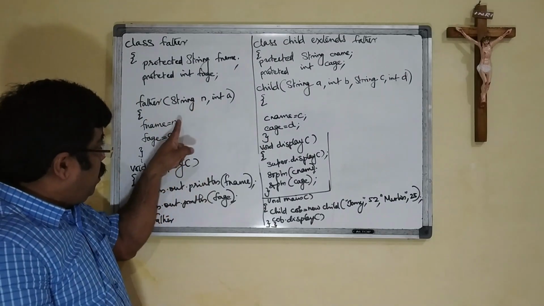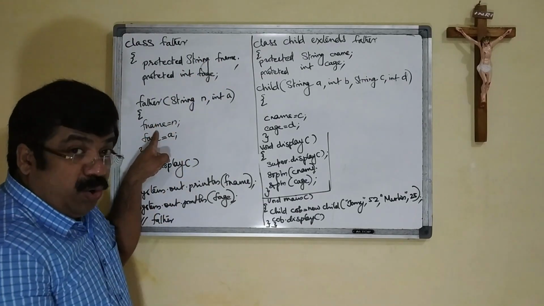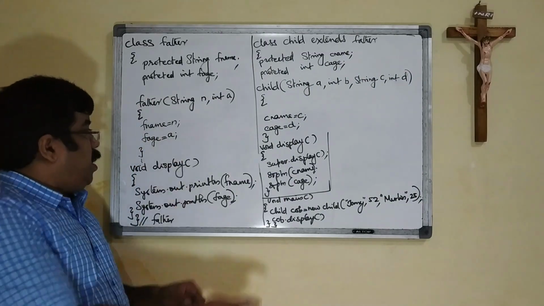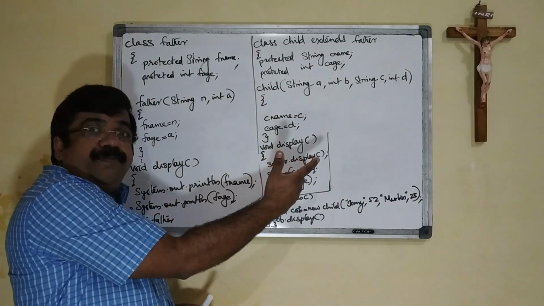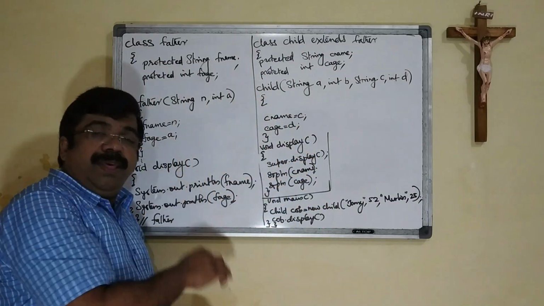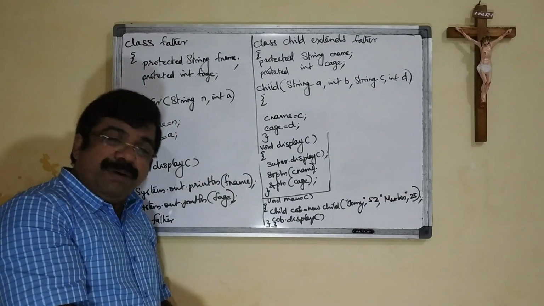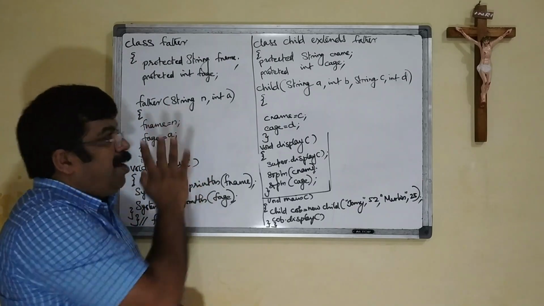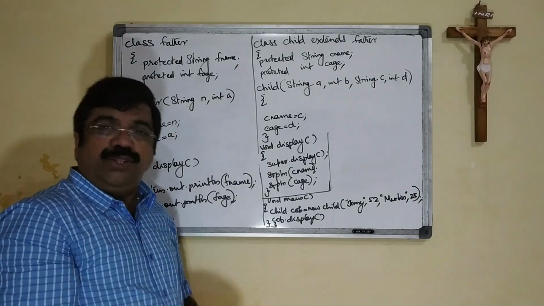This n will go to the data member of that class, f_name, the father's name, and then a, the second argument, will go to the age. So the constructor of the base class is a parameterized constructor, and we wrote how the values will go to those parameters.